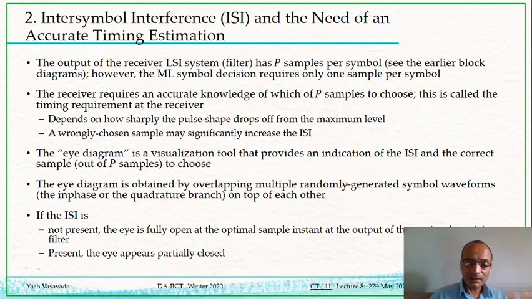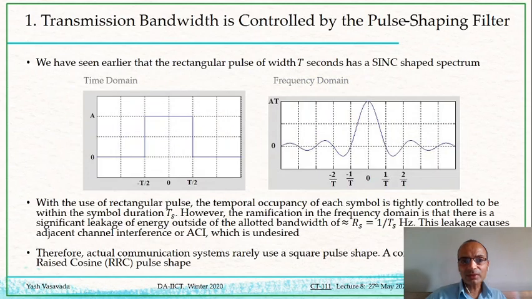And again, assuming that the modulation is binary phase shift keying, some of those symbols will have positive sign, some of them will have negative sign. And so what you will get, well, actually, in case of this rectangular pulse, if you do that overlay, you will get exactly a box.